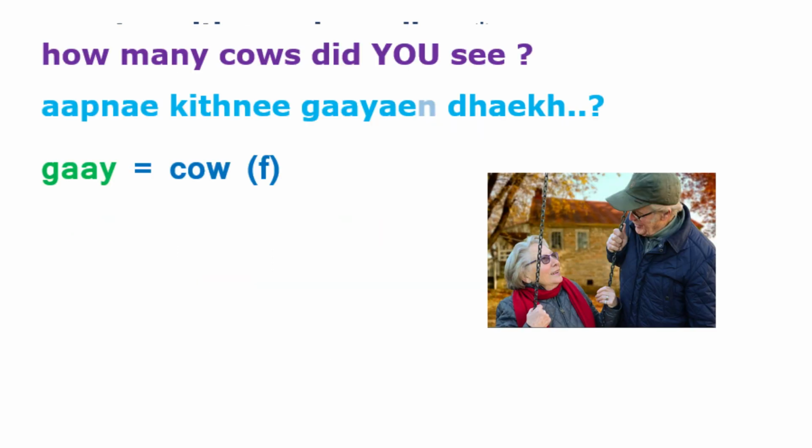Now in this slide, let us imagine that the elderly man is talking to that elderly woman. And he's asking, how many cows did you see? आपने कितनी गायें? Cow is गाय and it's feminine, and in plural it becomes गायें. आपने कितनी गायें देख? What is it going to be?